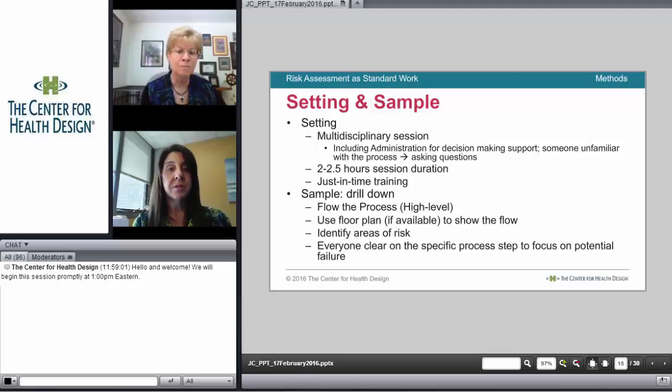And then the process itself, again, you drill down, so you have to be pretty specific in terms of what you're looking at. The first thing you want to do is flow the process from a very high level. And then if you have a floor plan, show that and use what that flow would be for patients, staff, or whatever.